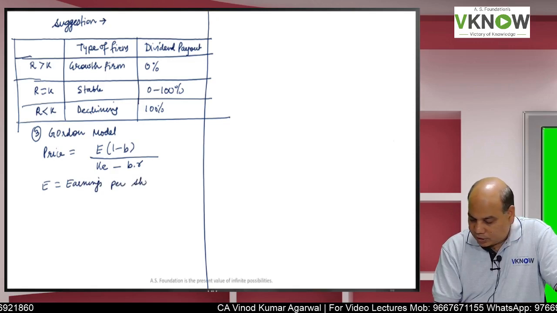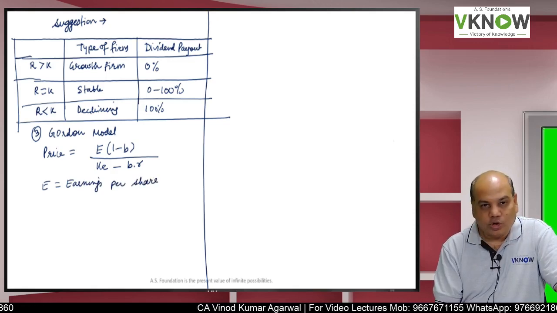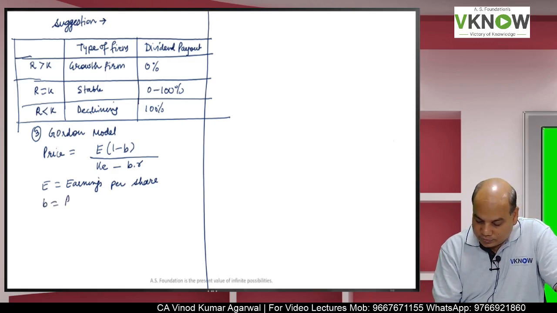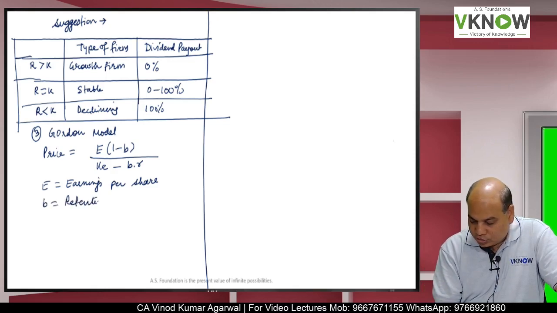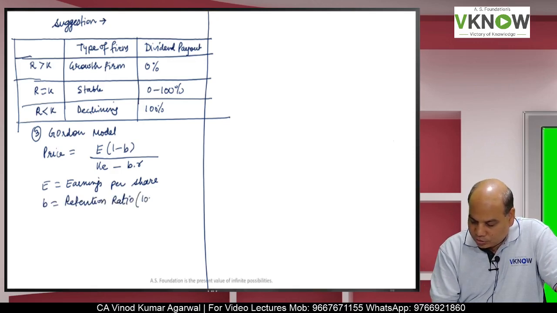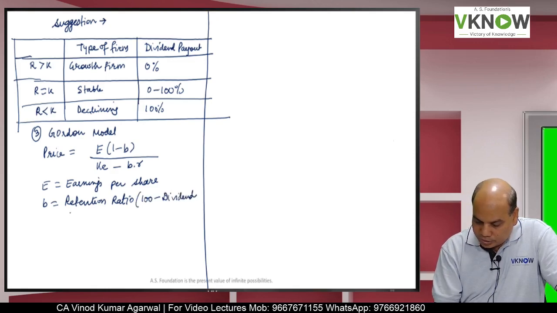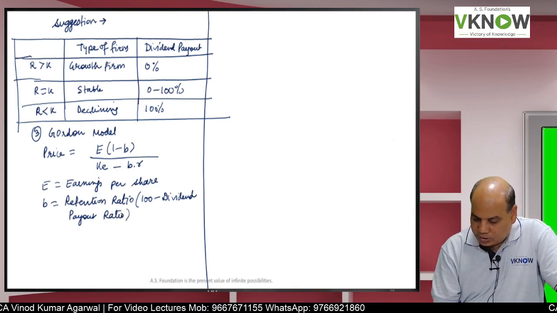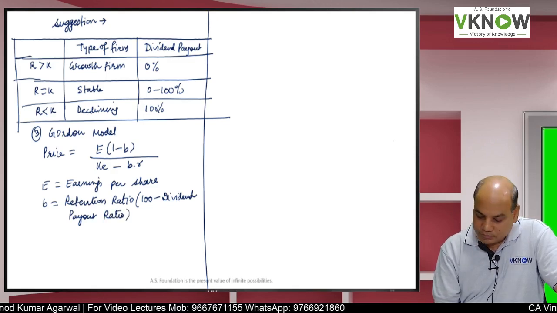In the exam, after writing the formula, you will write the meaning of the terms used. B stands for retention ratio. Retention ratio is equal to 100 minus dividend payout ratio. If dividend payout ratio is 80%, retention is 20%.